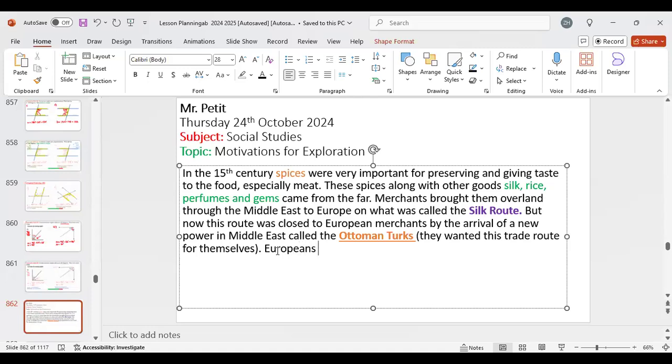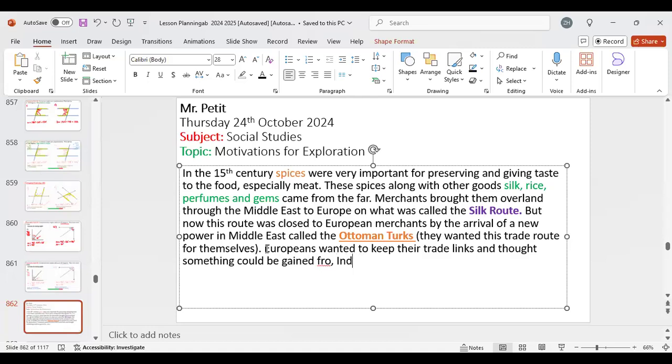The Europeans wanted to keep their trade links and thought something could be gained from India.